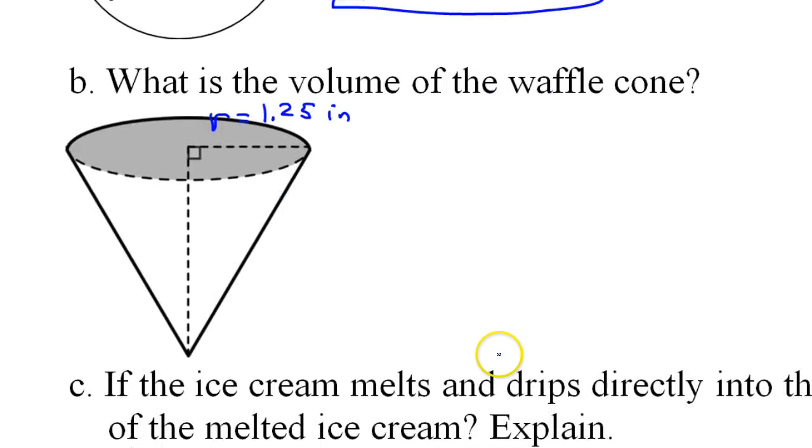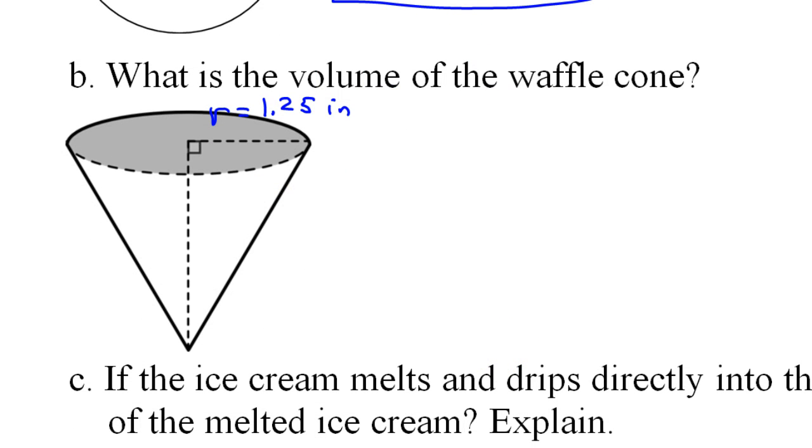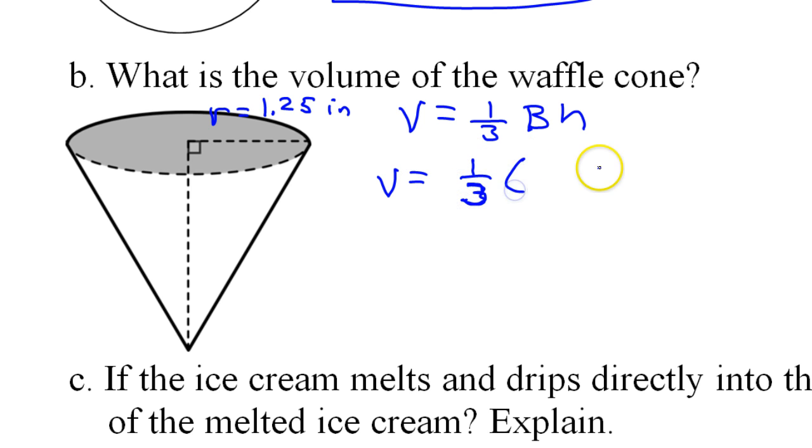We learned that from before. So to find the volume, I will use the formula for the volume of a cone, which is 1/3 area of the base times the height.